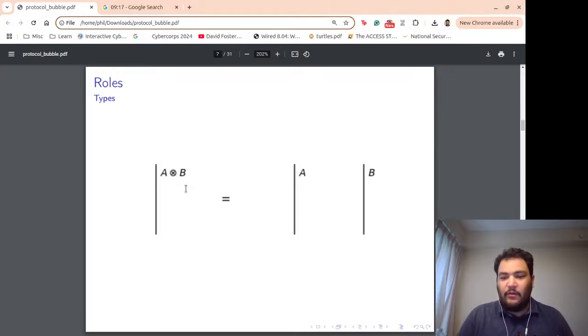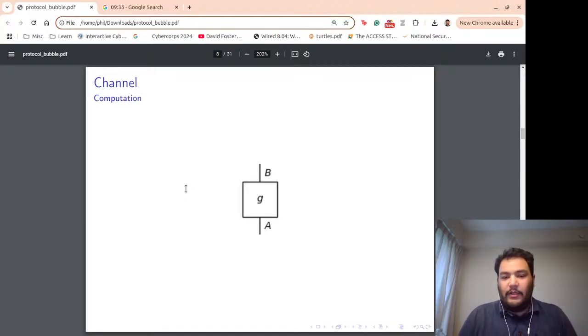For now, I'm going to restrict attention to a protocol with two roles, Alice and Bob. And each of them have their own data type, called A and B. And you can consider the joint data type, A times B, as consisting of these two pieces. Okay, so what I mean by message passing is that Alice can send a message to Bob.